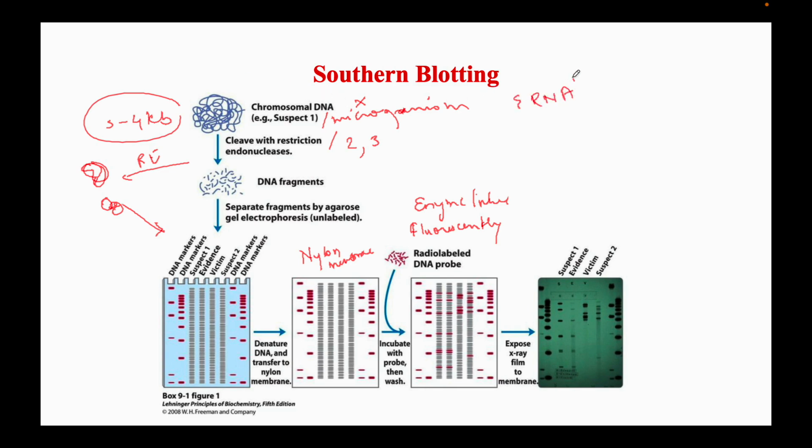We digest it with restriction enzymes, or cleave it with different RNases, separate it on agarose gel electrophoresis, transfer it to the nylon membrane, do the radioactive or fluorescent labeling, and then visualization.